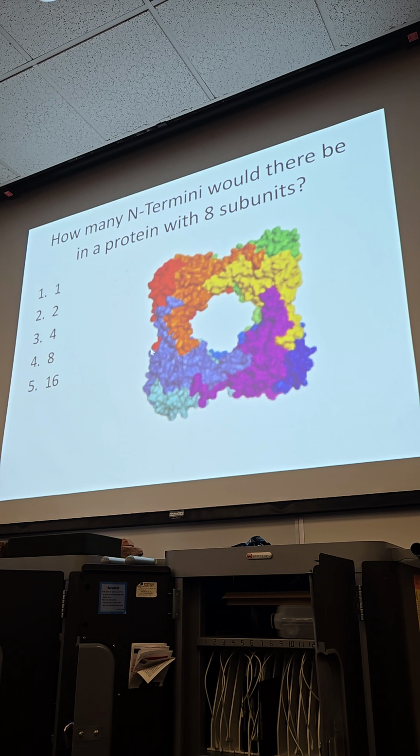Is this the mRNA? Where was this assembled? Rough ER. Nice job, rough ER. The individual polypeptides were built by what? Ribosomes. The multiple polypeptides were assembled by the rough endoplasmic reticulum.